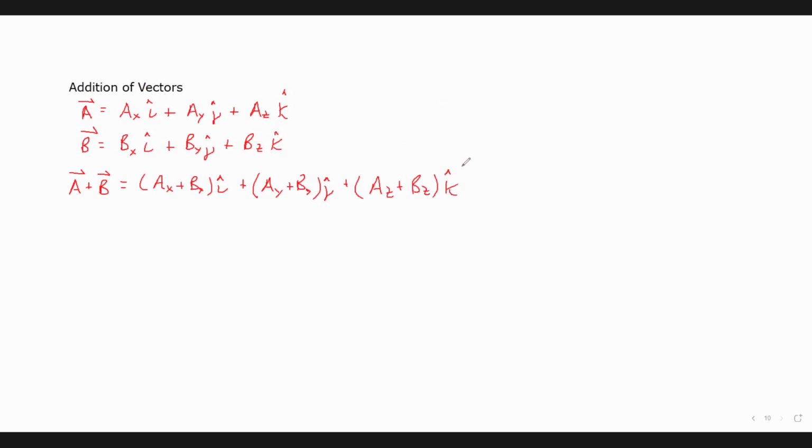And any of these components could in principle be 0, right? You could have vector B restricted to the xy plane, in which case B sub z would be 0, and that's fine. No problem. So that's how you add vectors. You add them component-wise.